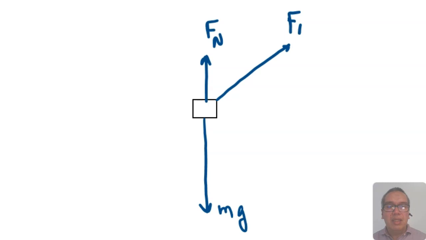And finally, since the surface is rough, it means that you have to consider friction. And that friction is always going to be against the motion of the object. So reasonably, this block is accelerating to the right, so your friction force is towards the left, and you must also label it.